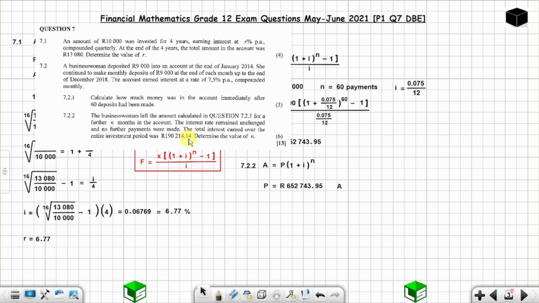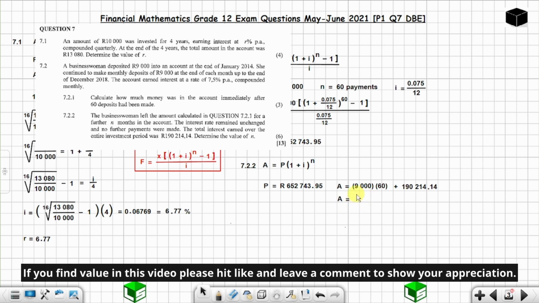To calculate A, you have this 9,000 was deposited 60 times, so you have 9,000 times 60, plus the interest. So this is the final amount. When you plug this in your calculator, what do you get?